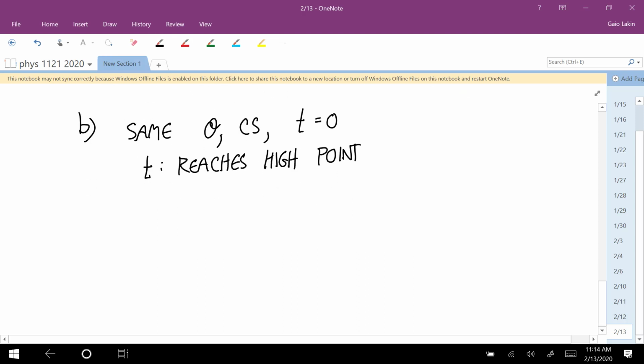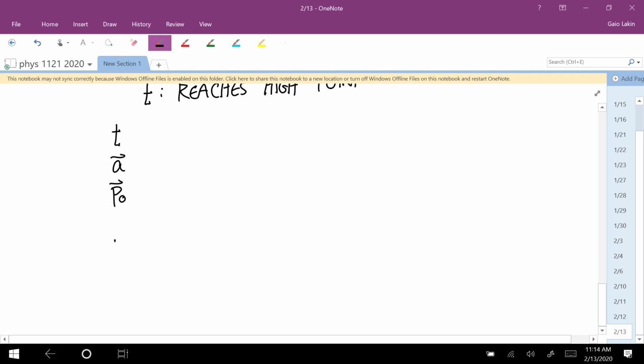So now we have to go through again and think about which of these stays the same, which of them changes. T, acceleration, P0, P, V0, V.